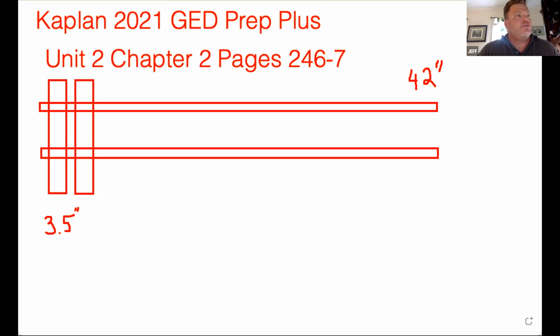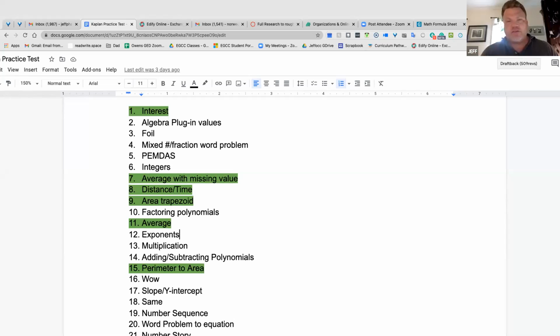All we're doing here is going through the 46 questions of one of the practice tests, just for one subject area, and we're just going to tackle them one by one. This is a mixed number and fraction word problem with a picture, so it's hard to replicate what that is.